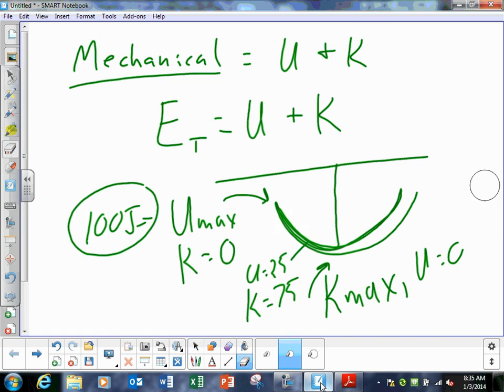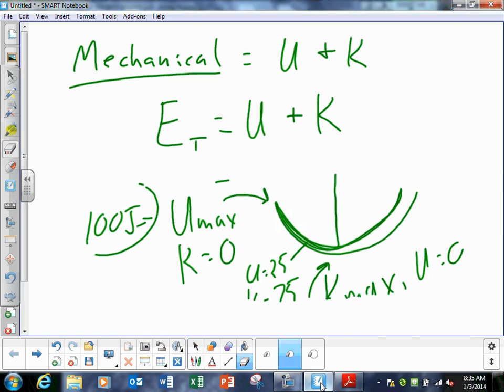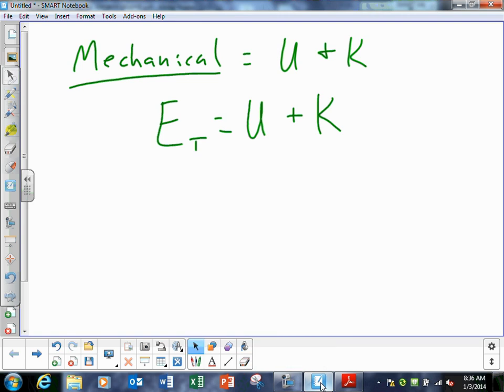Now there is a problem here though. When you're out on the playground, you don't just see the swing moving, you hear it, right? Oh, that's sound energy. And that comes from the vibrating of the particles of the metal.